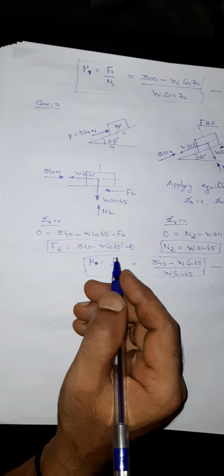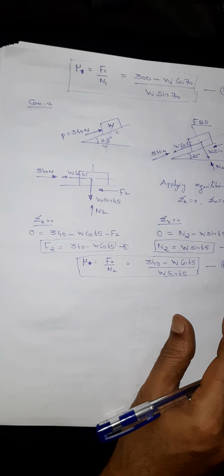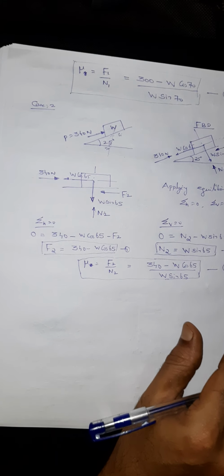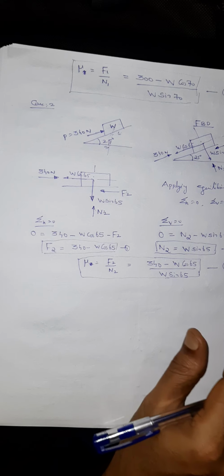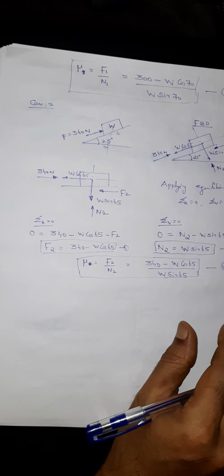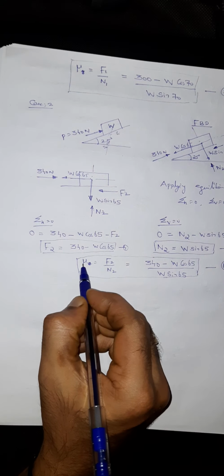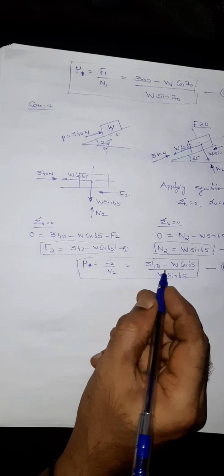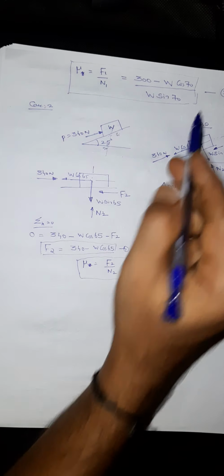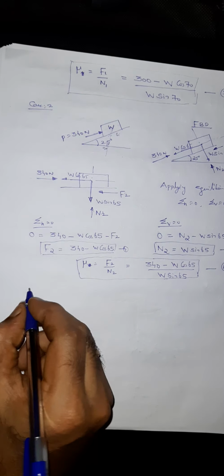It is the same object where the angle of inclination is increased and the force applied to move the block is also increased. So it's the same block and same plane. Therefore, this coefficient of friction is uniform. Right, now equate equation number 3 and 6.